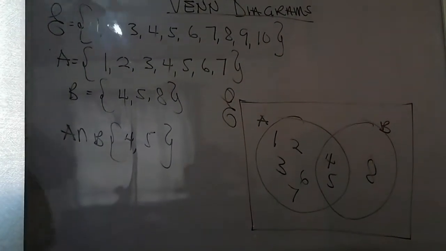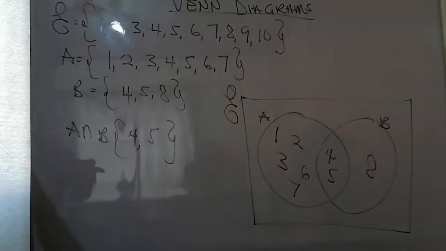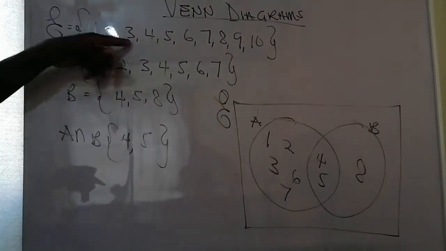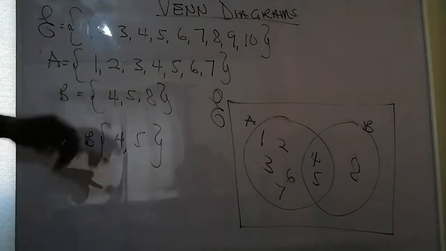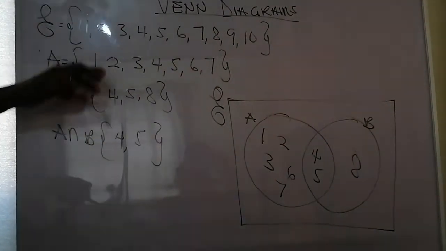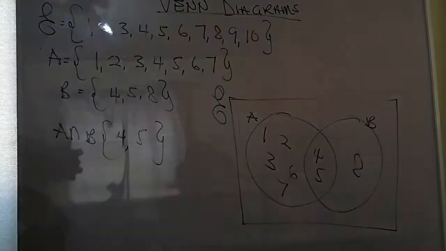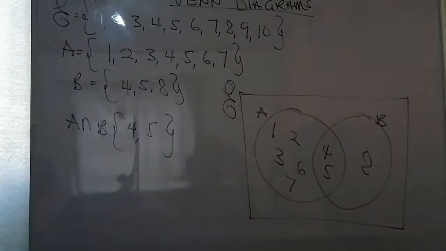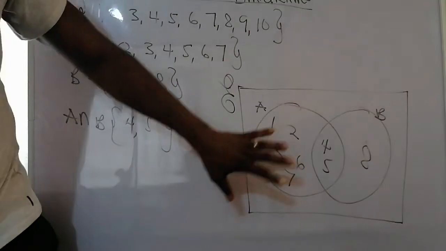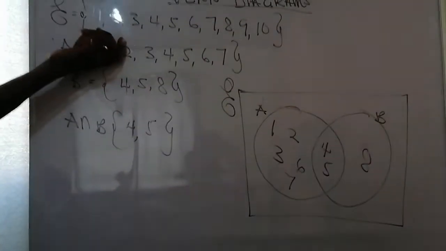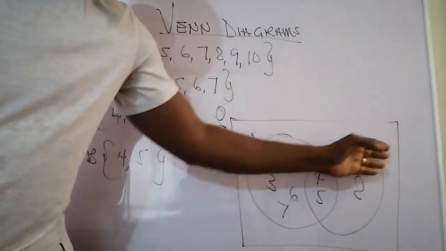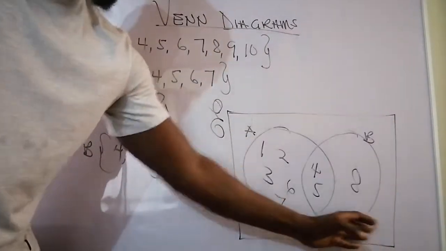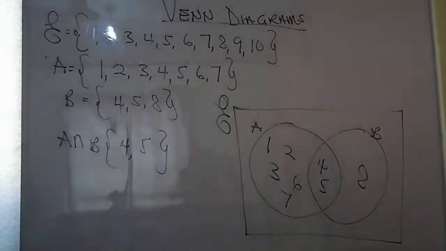But you would have realized that there are some members in the universal set that are not in either set A or B. We said that the whole of this rectangle represents the universal set. So members that are in the universal set but not in either A or B, we put anywhere outside of these circles, but they must be in the rectangle.